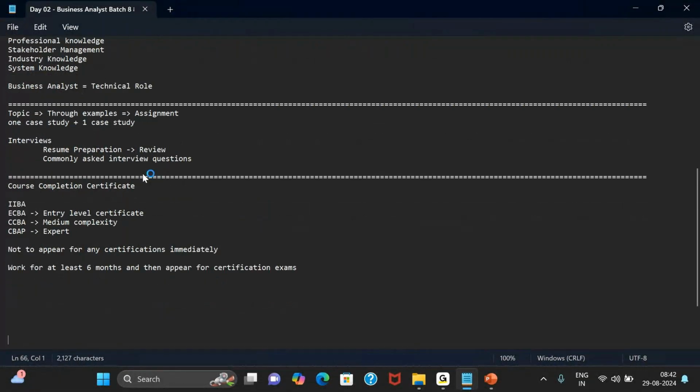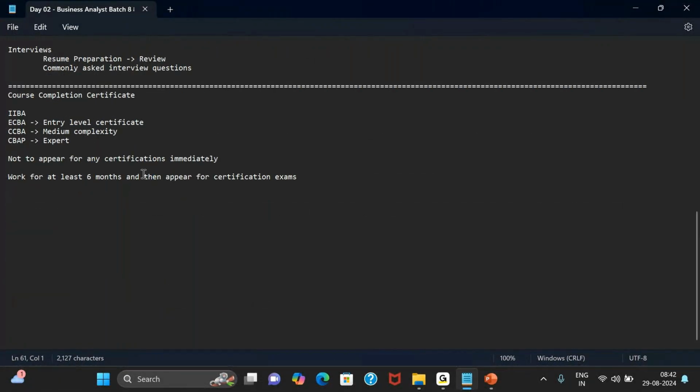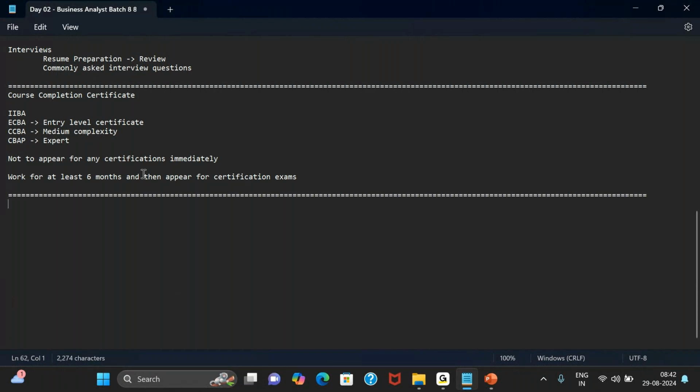Now, in the earlier world, things were relatively simple. You start as a junior BA and then you gradually progress to become a senior BA, and then you become a team lead for BAs, and then maybe after that get into managerial roles for BA. That's how things usually progressed within the IT industry till, I would say, 6 or 7 years back.